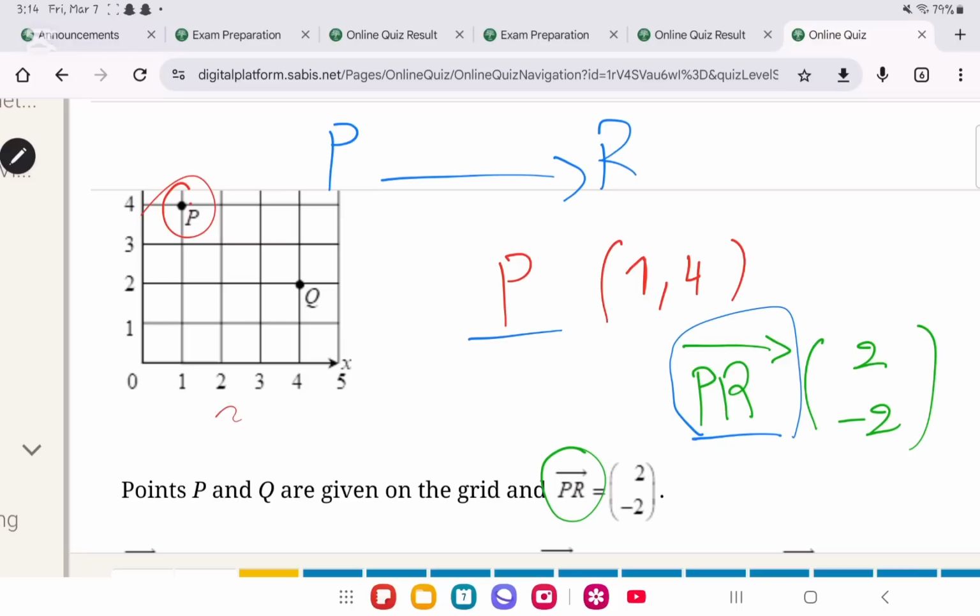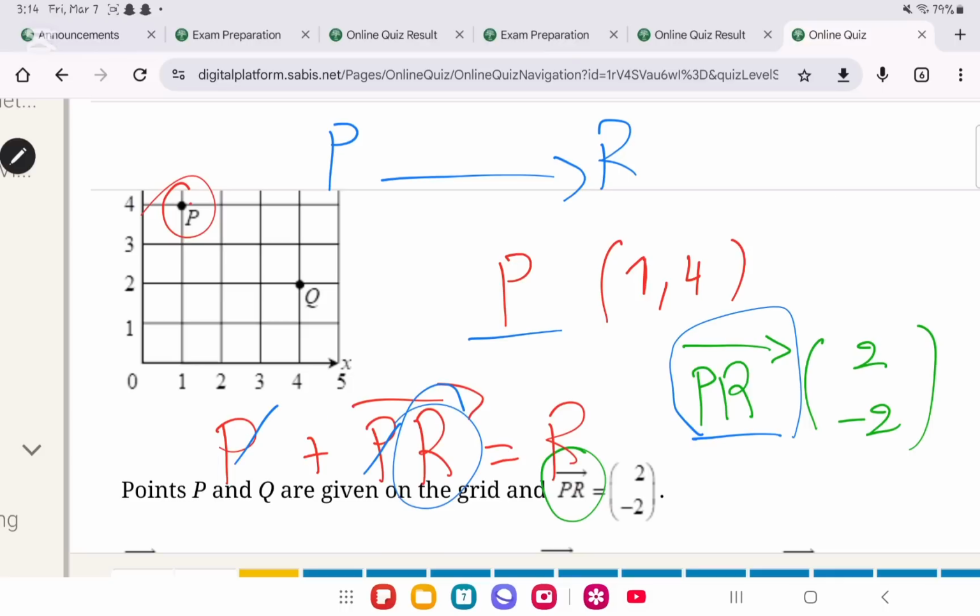Very simply, it is the point P plus the vector PR, it will give us R. A way I would like to think of it is that because we have P here and P here, they will cancel, and you will be left with R. So R is what we are looking for. So in general, what we are doing is P plus PR is gonna give us R.